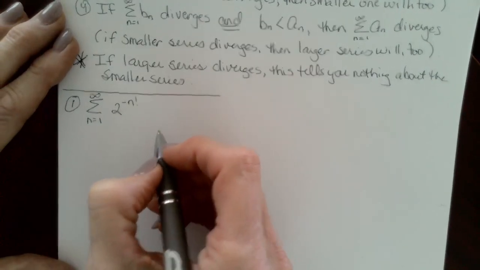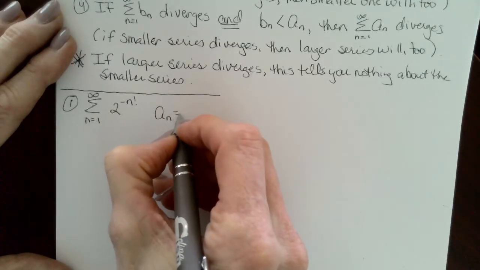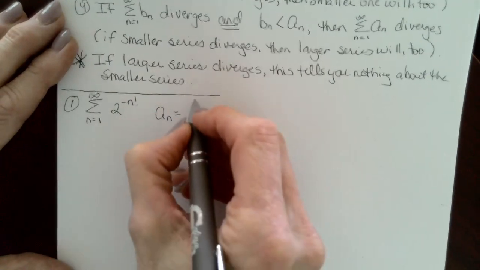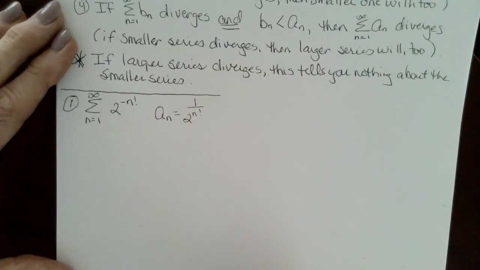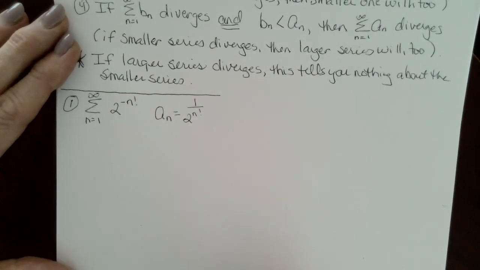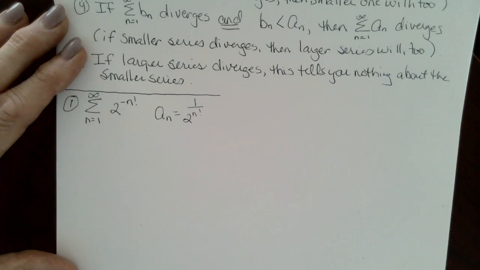Okay, so here's what I want to do. I'm going to say my A sub n is, I'm going to rewrite this as 1 over 2 to the power of n factorial. And I'm thinking this kind of sort of looks like a geometric 1/2 to the n power, right? But it's not because of that factorial.